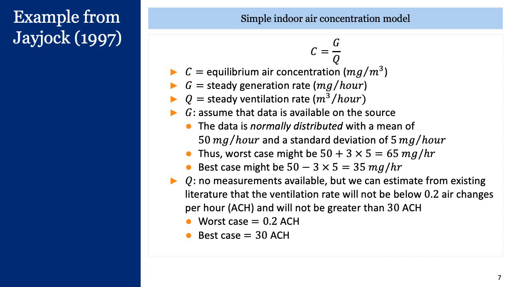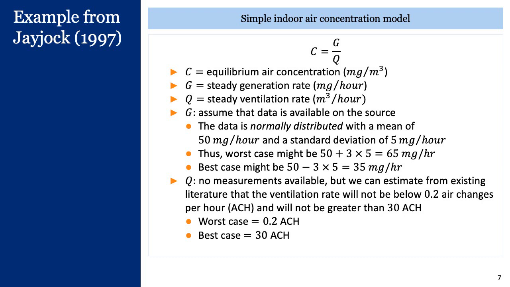The traditional way of doing uncertainty analysis is that we assume that data is available on the value of G, or the source, and the data for G are normally distributed with a mean of 50 milligrams per hour and a standard deviation of 5 milligrams per hour.